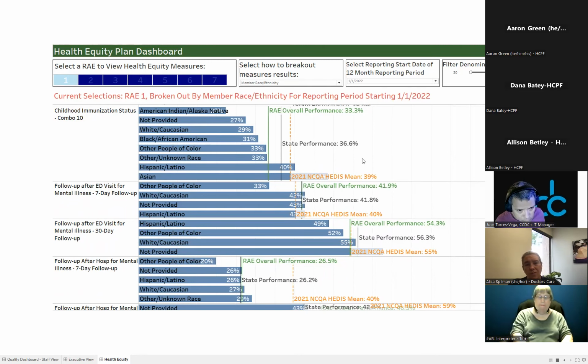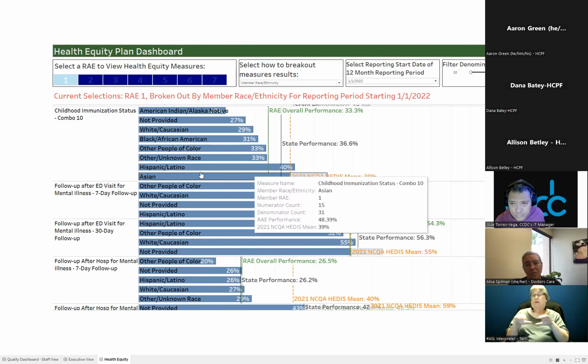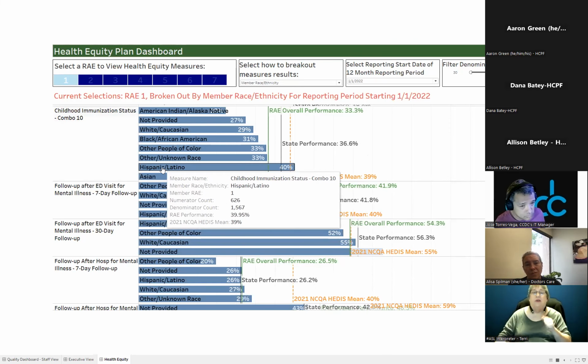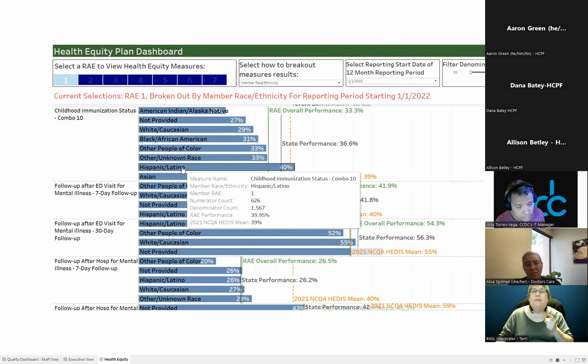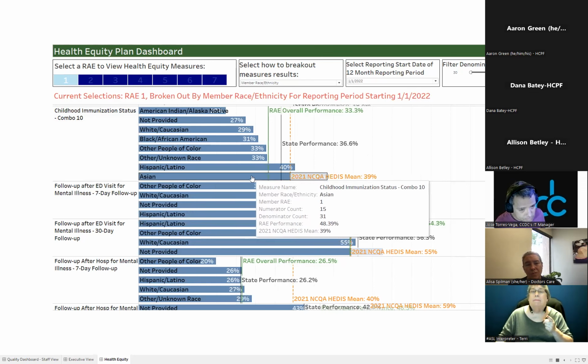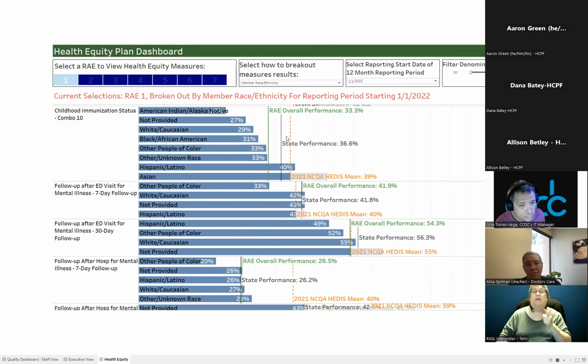It is below the state performance, as well as the NCQA HEDIS mean. And then you can see that the race ethnicity categories of Hispanic, Latino, and Asian are performing above the RAISE overall performance, and the other 5 groups are performing below. So you can also see how each of those categories compares with the RAISE overall performance.